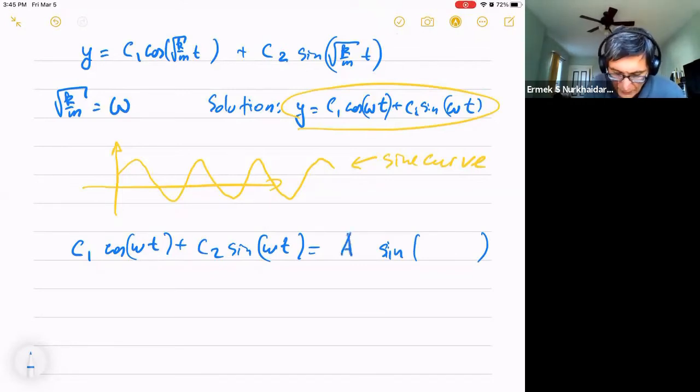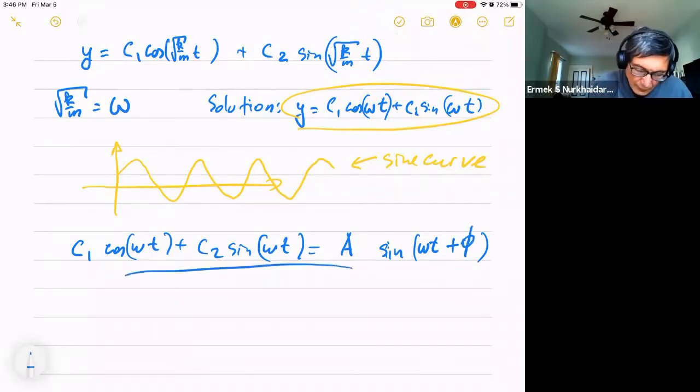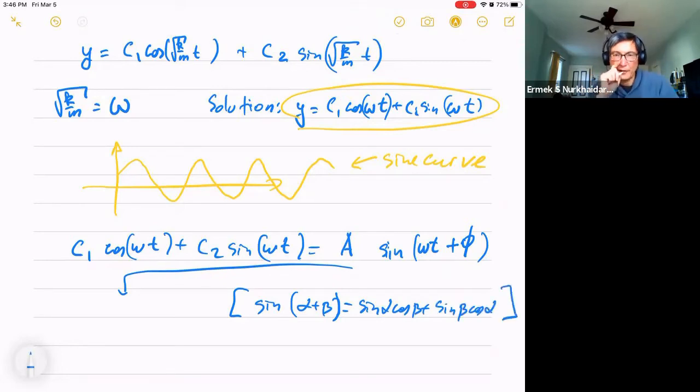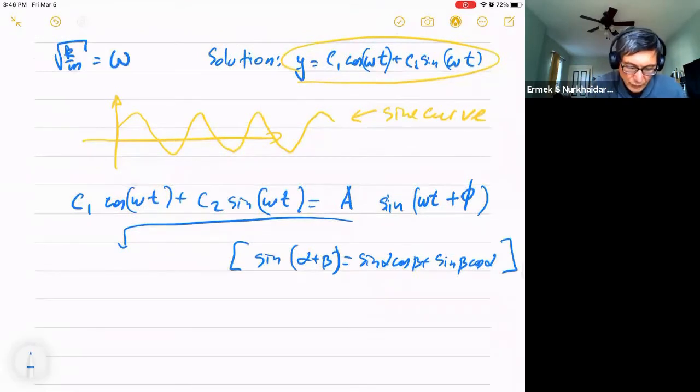I guess I should have a constant here, and I will probably have the same omega t plus a phase angle here. So that's what I will try to do. If you remember that sine of alpha plus beta, sine of a sum, equals sine alpha cosine beta plus sine beta cosine alpha. Remember that formula? That's the one you're going to be using.